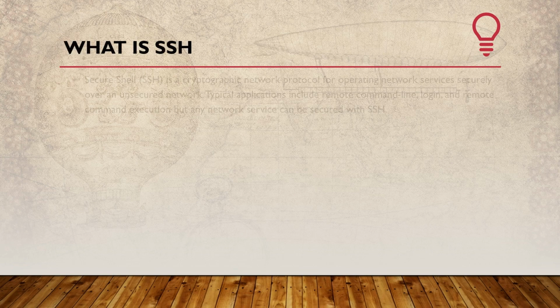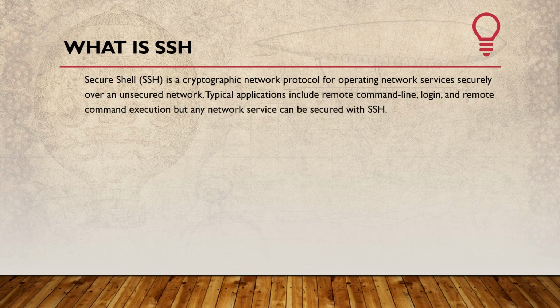Now we are going to discuss SSH. What is SSH? SSH is a cryptographic network protocol for operating network services securely over an unsecured network. It is also like Telnet, but Telnet is unencrypted and unsecured, whereas SSH is a secured protocol to communicate over an unsecured network.